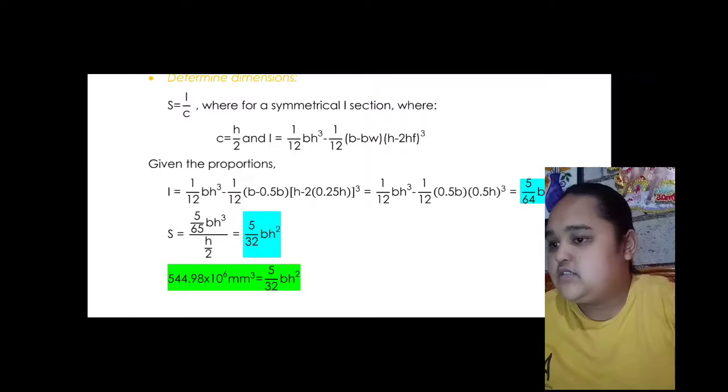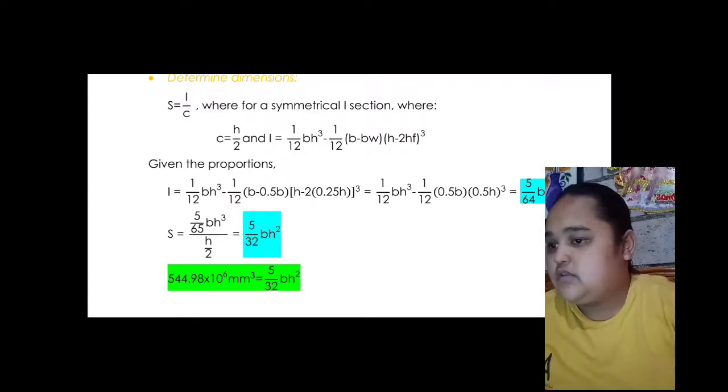If H is 2B, B is equal to 961.167 millimeter. Pwede mo siyang i-round up ng 1,000 millimeter.